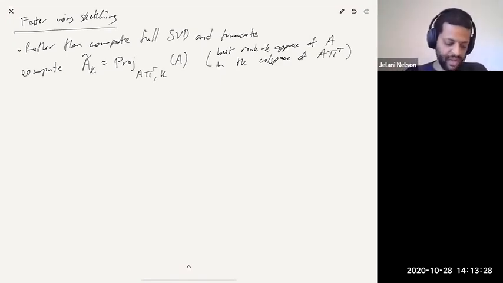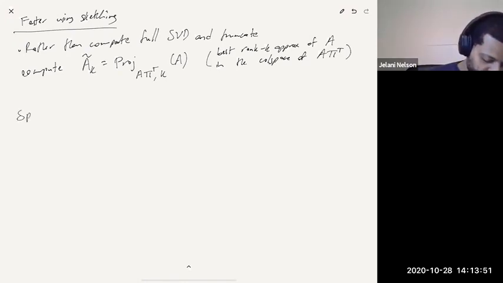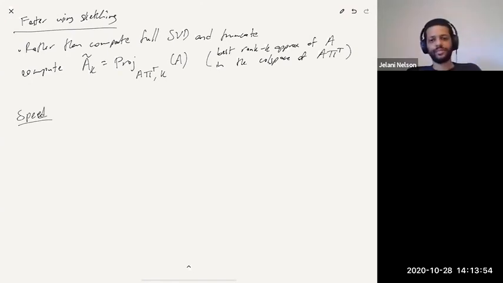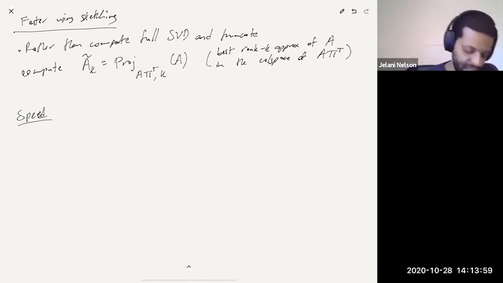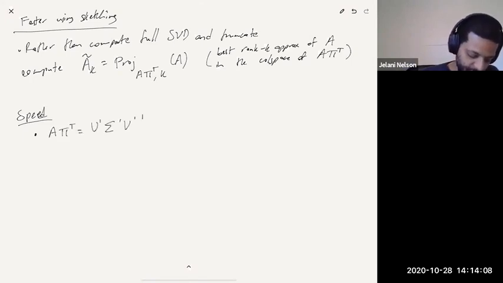First of all, one question is what pi needs to satisfy for this to work well. We have to analyze that and show why that suffices. The second question is why this is even faster than computing the full SVD. Let's address the speed first, because that's easier. If I want to compute A tilde K exactly, I can first say that A pi transpose is equal to some U prime sigma prime V prime transpose.